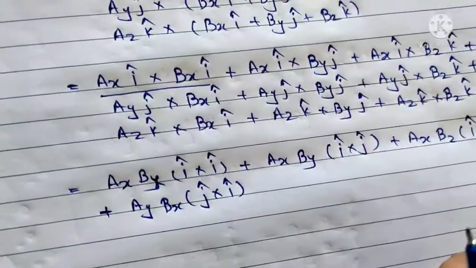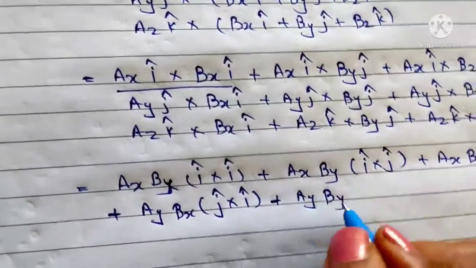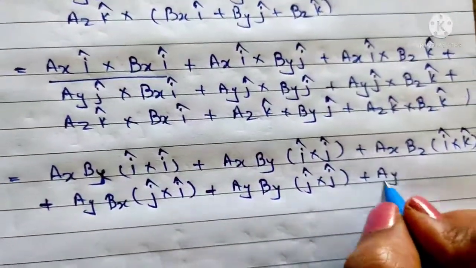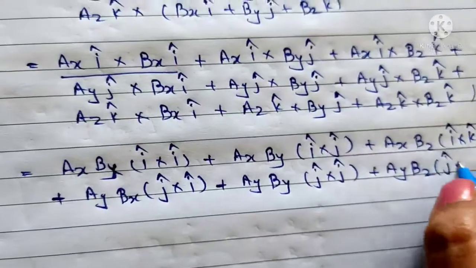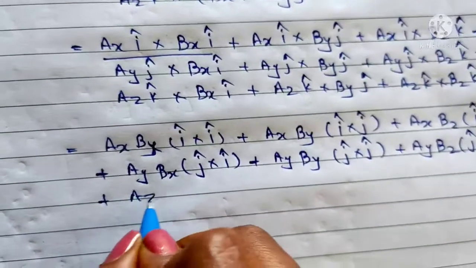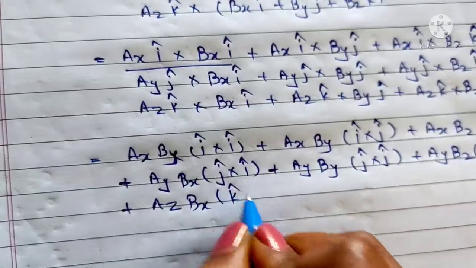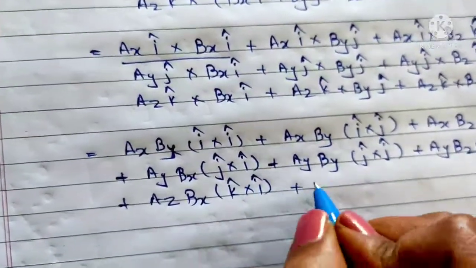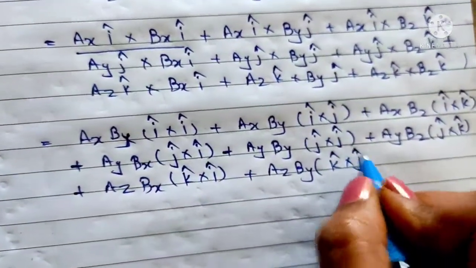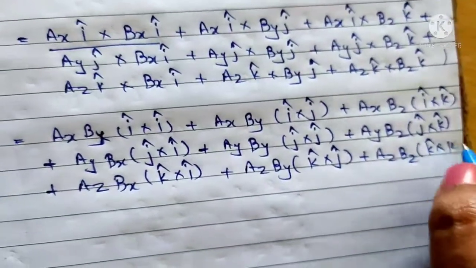Don't change the order here because order is important. Ay by j cap cross j cap plus ay bz j cap cross k cap. Similarly the third line az bx into k cap cross i cap plus az by k cap cross j cap plus az bz k cap cross k cap.